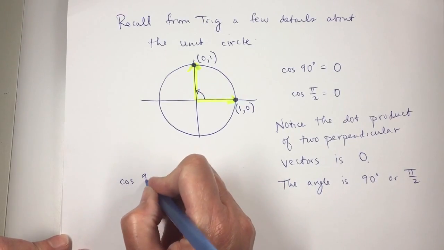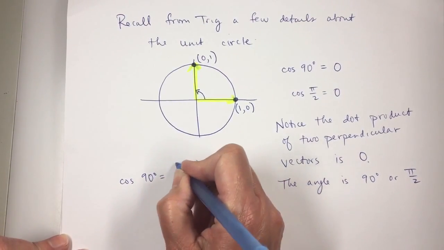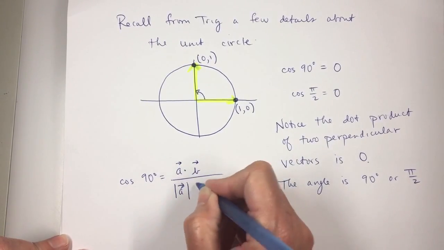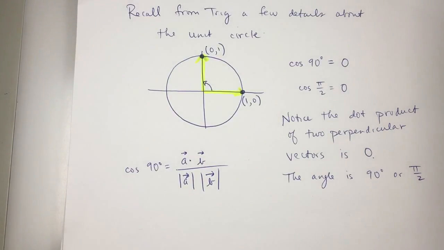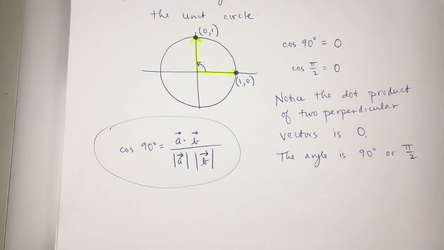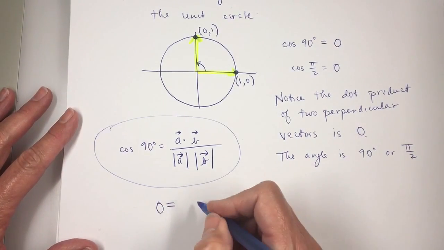The cosine of 90 degrees is a dot b, let's say a and b are our vectors, over the magnitude of a times the magnitude of b. So this is a fact. This is a theorem that, again, they proved earlier with the law of cosines. And I know the cosine of 90 degrees is 0.